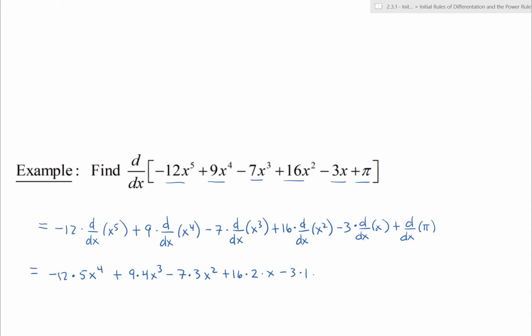And then the last term, the derivative with respect to x of pi, well, pi is a constant function, right? So that derivative is just 0 for that last term.